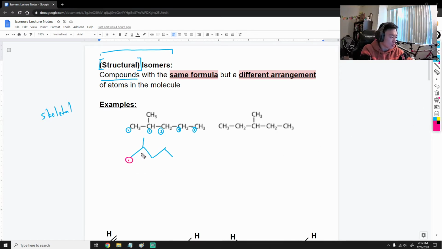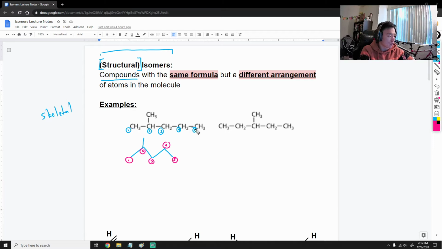So we have carbon number 1, carbon number 2, carbon number 3, carbon number 4, and carbon number 5. And you're going to notice that on carbon number 2 here, we have this carbon coming out of it. Okay? So if we were to write the chemical formula for this structure, let's count up how many C's we have.